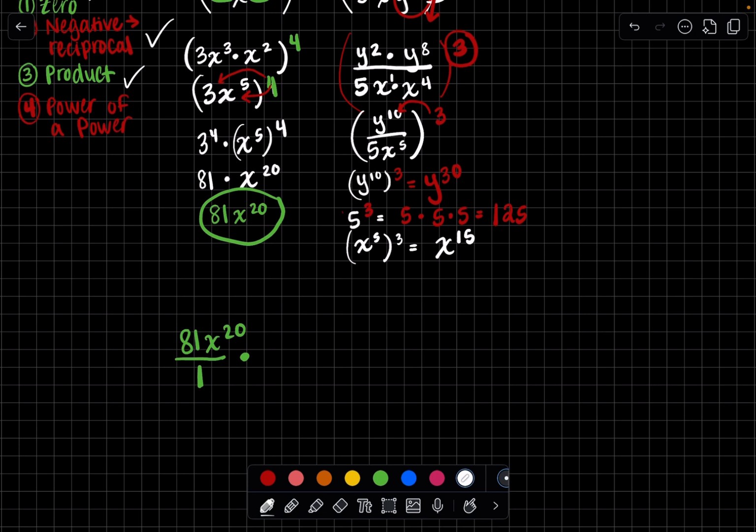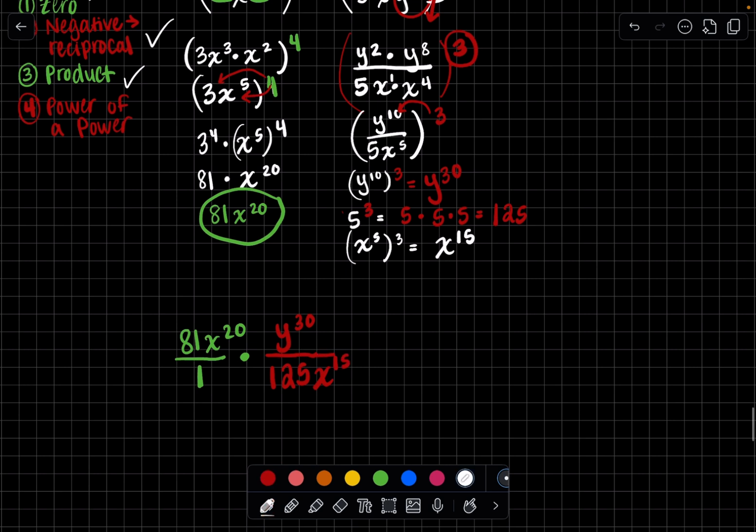And then I am going to rewrite my other situation. We multiplied and we got y to the power of 30 over 125, because that's 5 to the power of 3, times x to the power of 15.